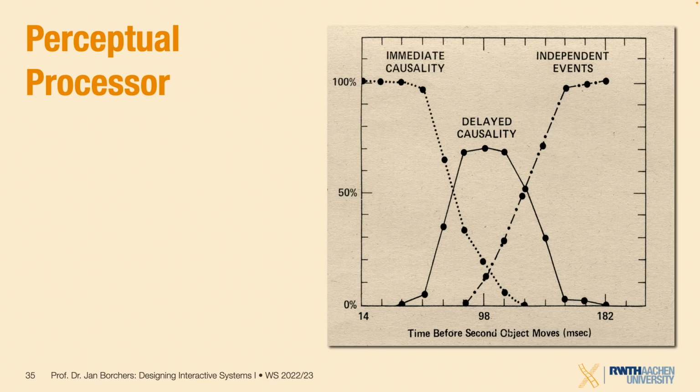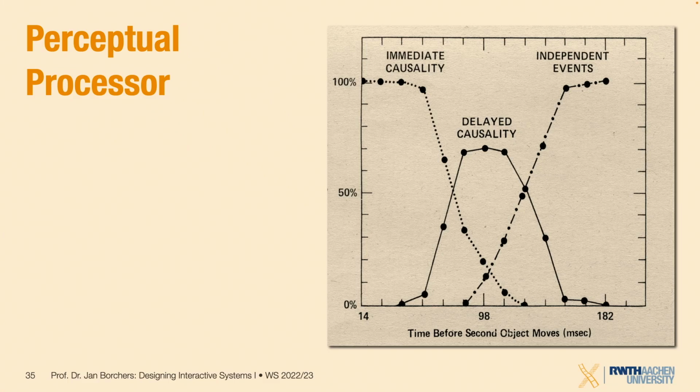So 100 milliseconds is roughly in the middle here. And then we can see how many percent of the participants in the experiment said that there was immediate causality, meaning there is no delay, right? That's the dotted line. How many were delayed causality, felt like something is going on, and how many people said these events are completely independent, right?